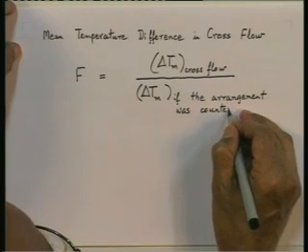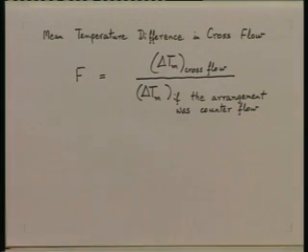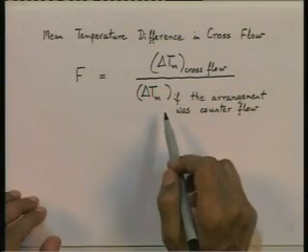And we know how to calculate the denominator. In case the fluid is unmixed on one side, remember you have to take the bulk mean temperature of the fluid leaving the heat exchanger, and substitute that in the expression for delta Tm for obtaining the counter flow delta Tm.